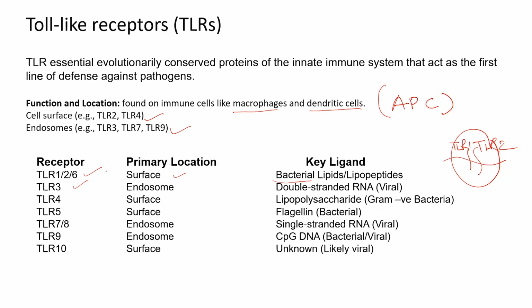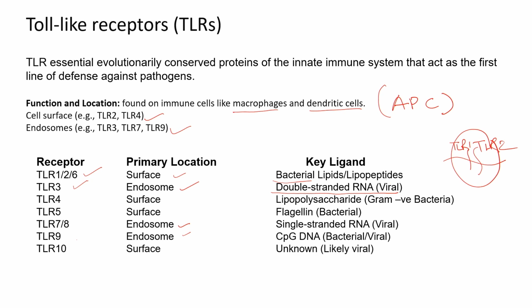TLR3 is very specifically present on endosomes. So we can see that TLR3, 7, 8 and 9 are the ones which are present on endosomes, and the rest are all present on the cellular surface. So TLR3 is very specifically identifying the double-stranded RNA in the viral genome.